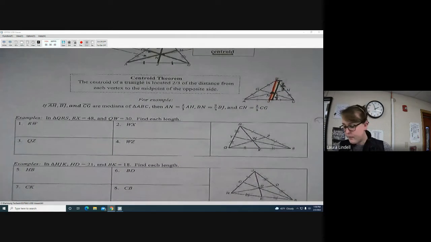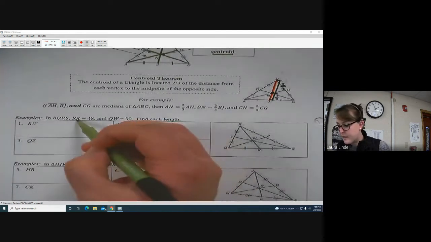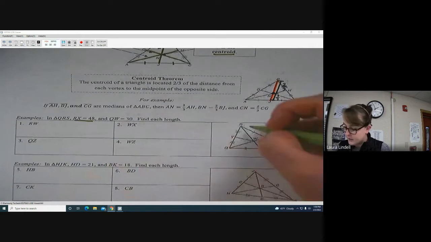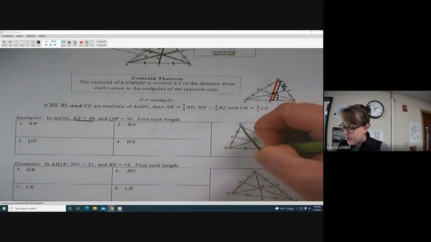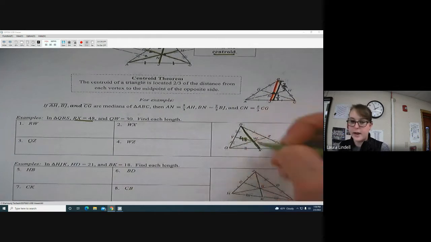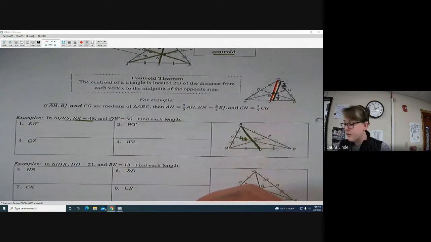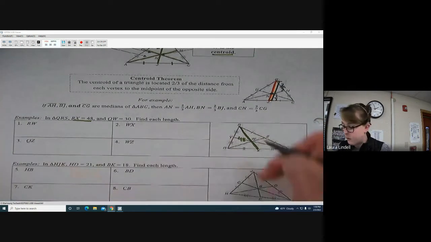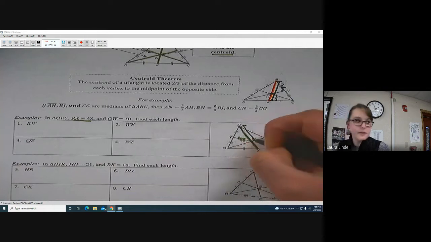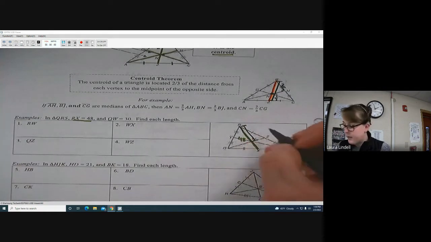So we're told that RX is 48. So we're just going to start with that. RX is this median, and it's the full length of the median that is 48. So what we want to do in this first one is find RW. RW is this length right here, and this is the 2/3 piece.